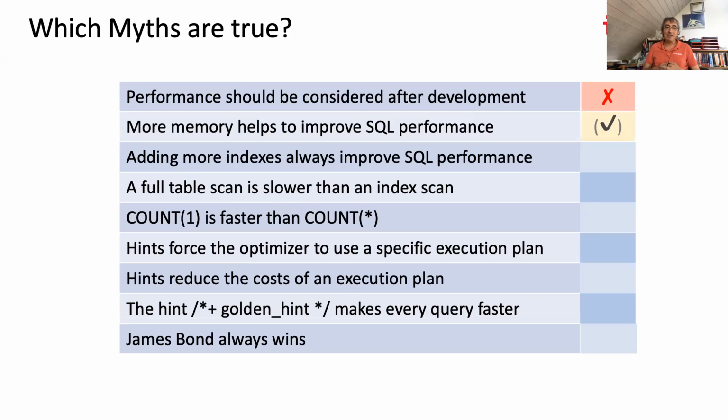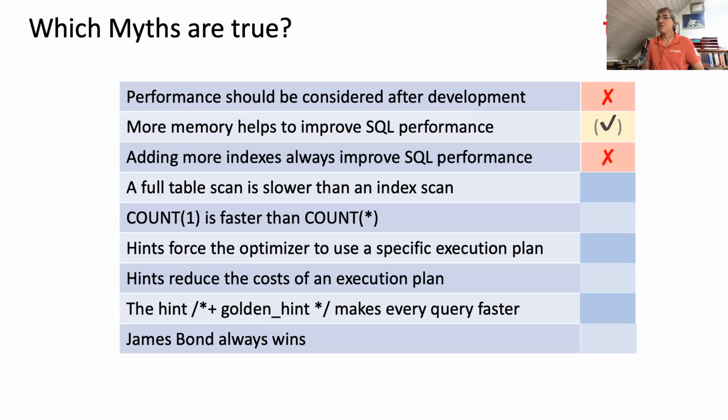So it can happen that even with a lot of memory, I saw examples of queries running on an Exadata with many CPUs and a lot of memory, and even they can be slow if you, for example, miss a join condition and do a Cartesian product or things like that.